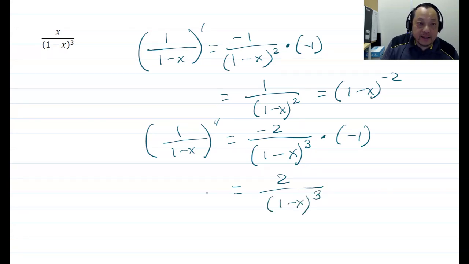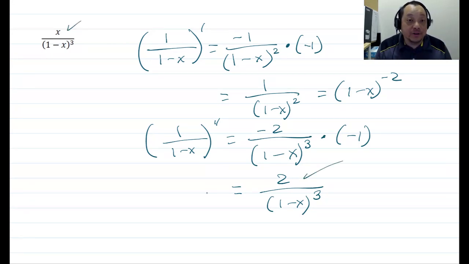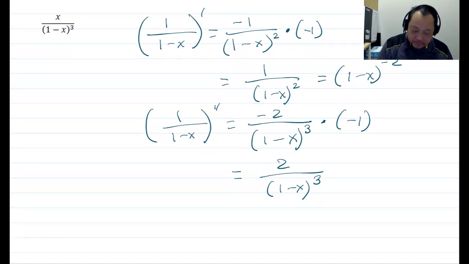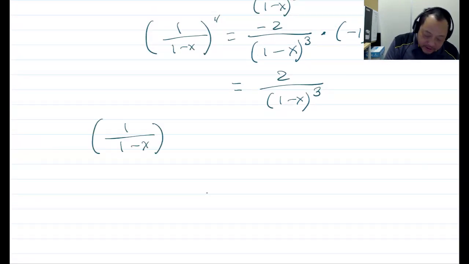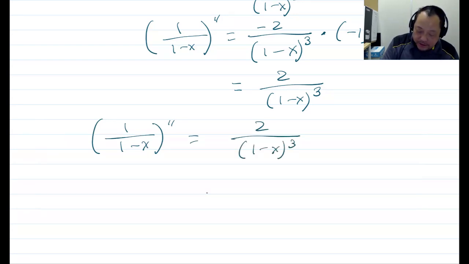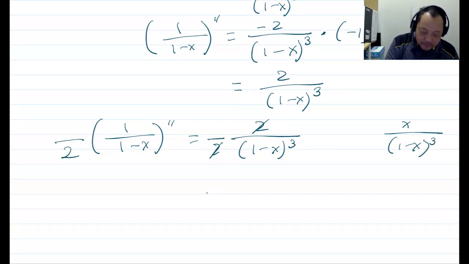This is exactly like that, except this one has an extra 2 and that one has an extra x. So I can use algebra to deal with them, right? This is equal to 2 times 1 over 1 minus x cubed. And I want this to look like this. So first of all, I divide by 2, so these cancel.